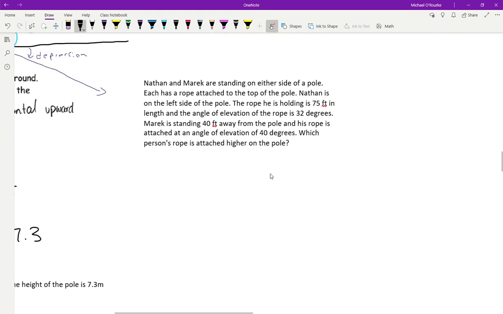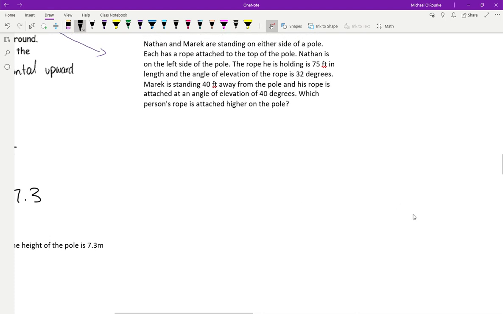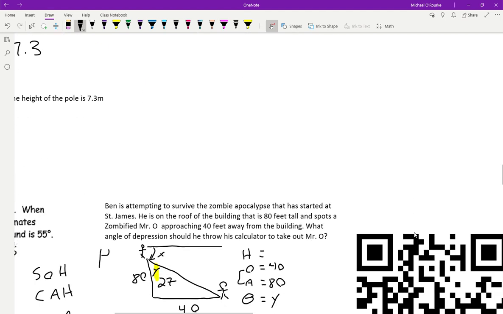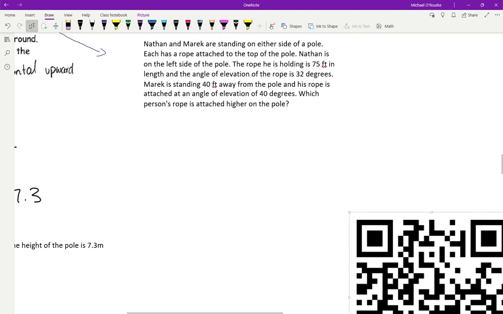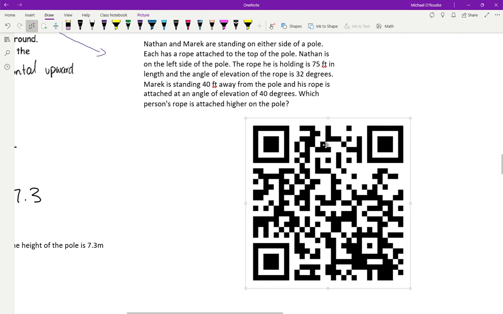Now for a tough one. This would be something like the hardest I could get you to do. Okay. So, I'm going to get you to drop your picture into the Padlet again so I can see what you draw.